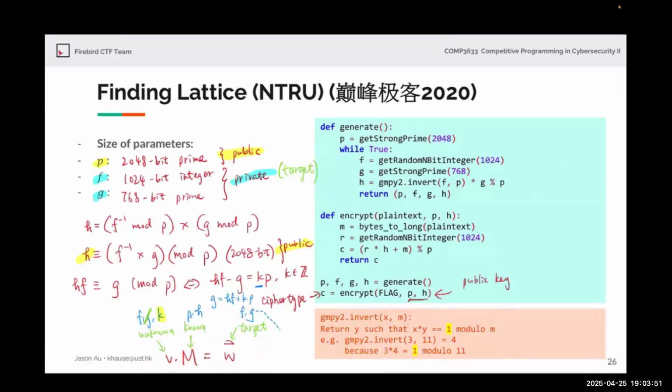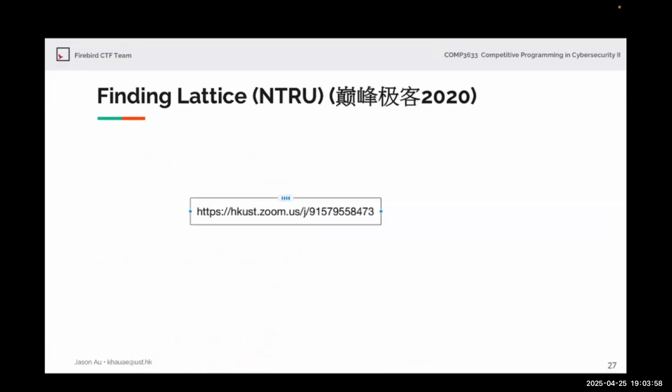But the problem is still how to construct it. So let me copy it to the next slide.